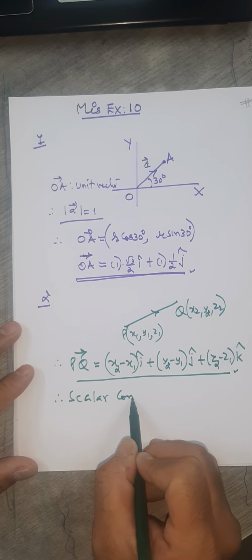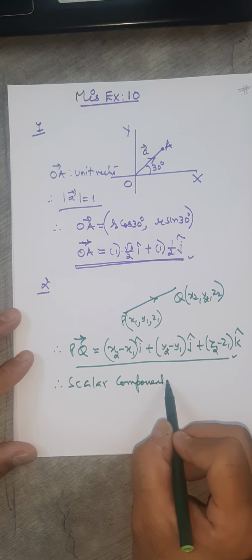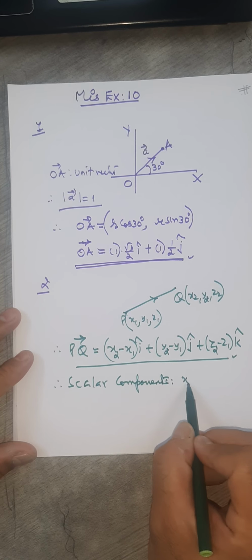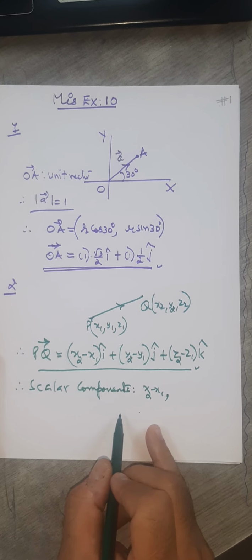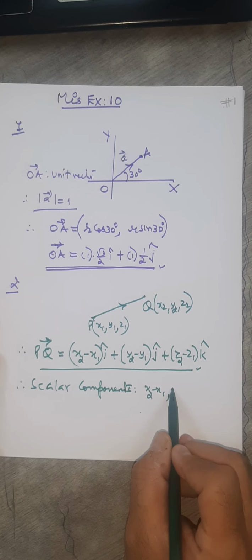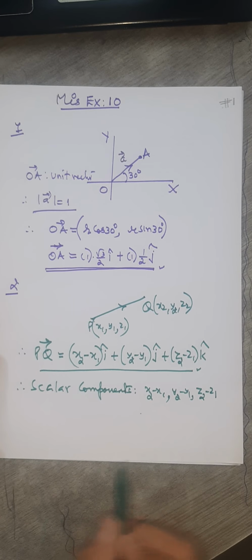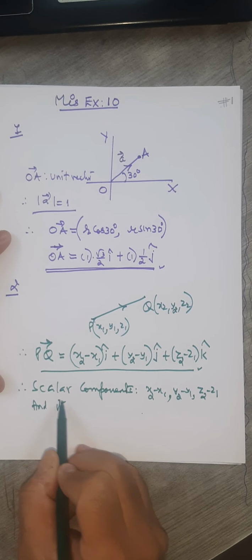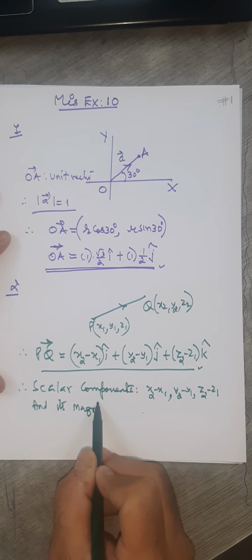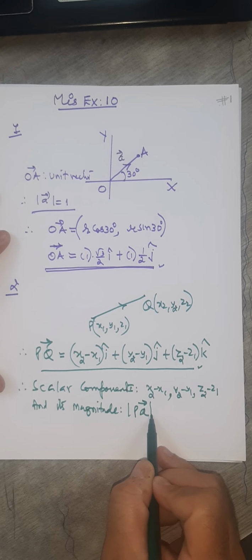You want scalar components. Scalar components without ijk notation. So what are the scalar components? x2 minus x1, comma, y2 minus y1, comma, z2 minus z1. And its magnitude, it would be just length of vector PQ.